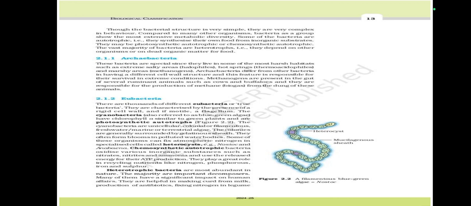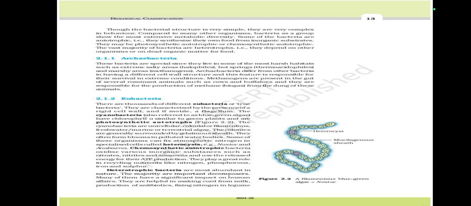Methanogens are present in the gut of several ruminant animals such as cows and buffaloes, and they are responsible for the production of methane from the dung of these animals.